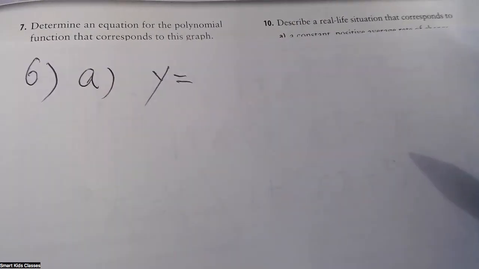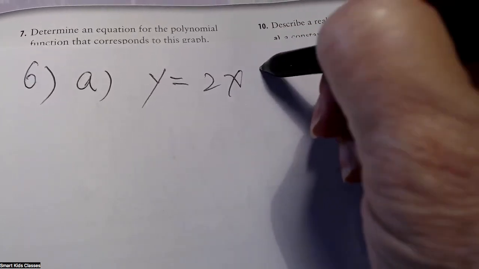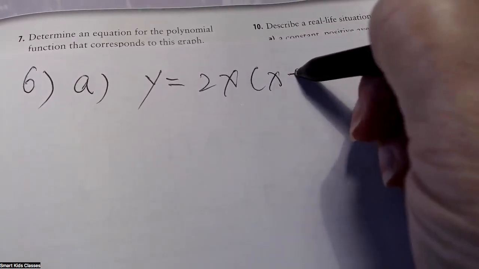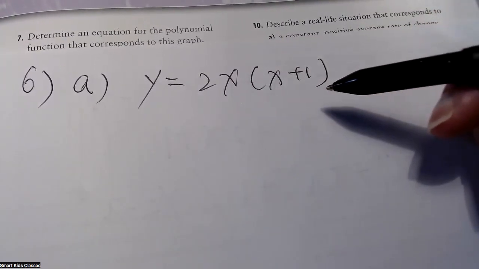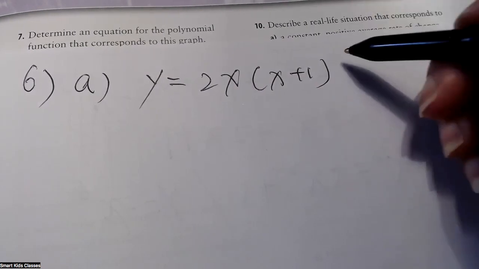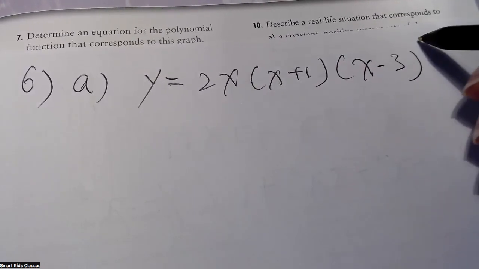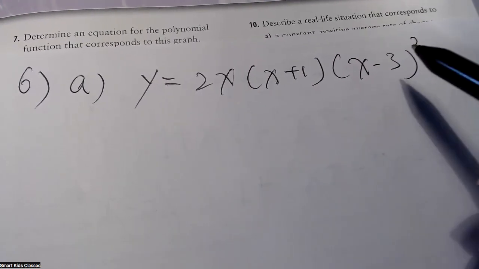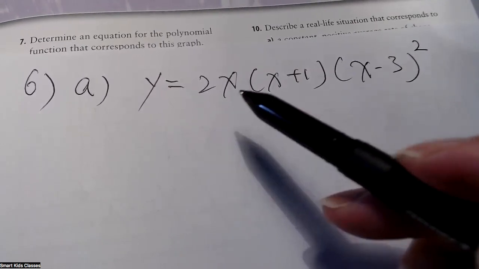The first one: y equals 2x, and x plus 1. So the first x is 0, the second one is negative 1, and x minus 3 is order 2. So it's going to be degree 4, so it's an even function.